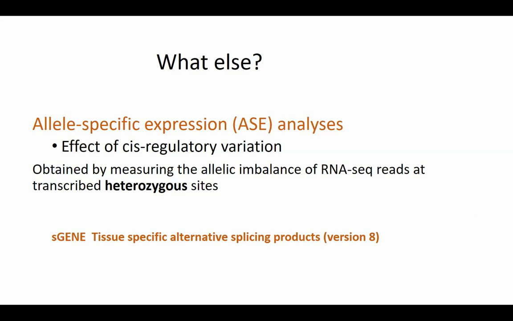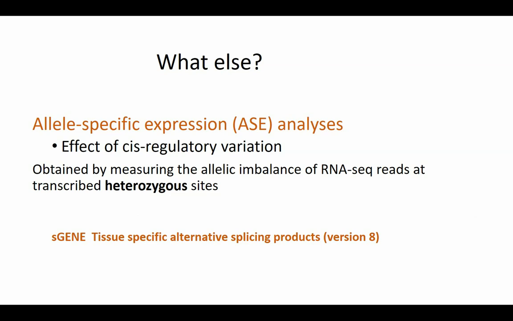Because you can look at the imbalance of RNA-seq reads between alleles at any heterozygous site. If you have C or A at the same site, you can see that the reads that come with the C are 100, and the ones with the A are 0. So for the first time, you can say, wow, this is an allele that is only expressed from one of the strands of the chromosome and not the other, which is quite unique.